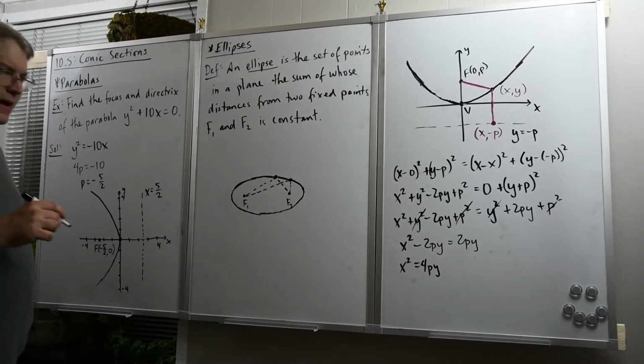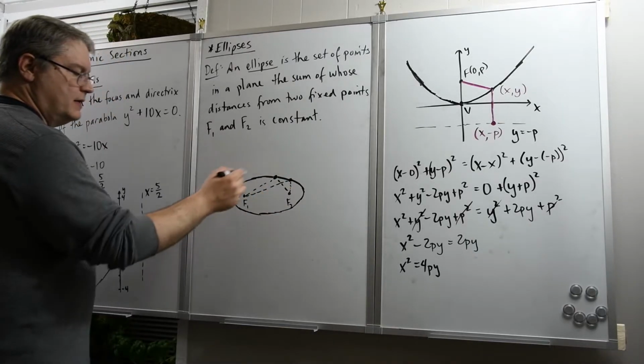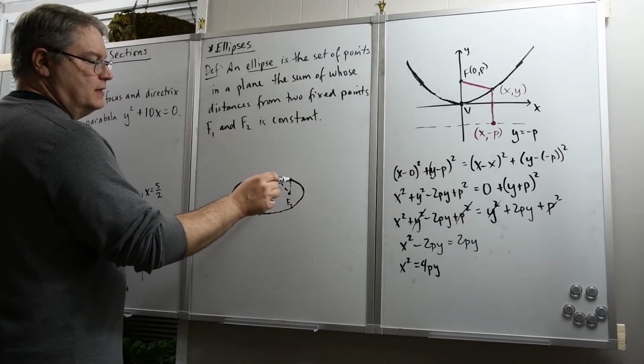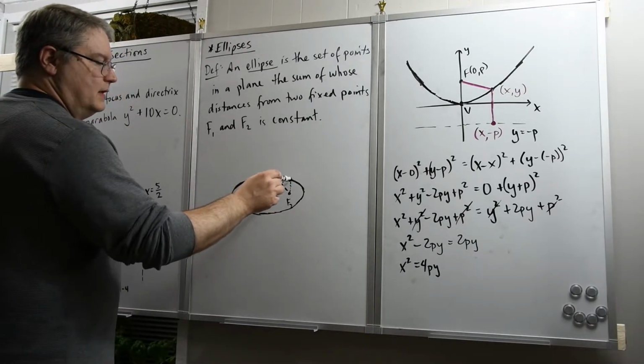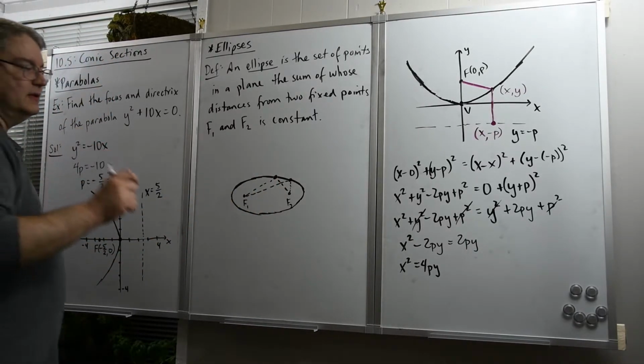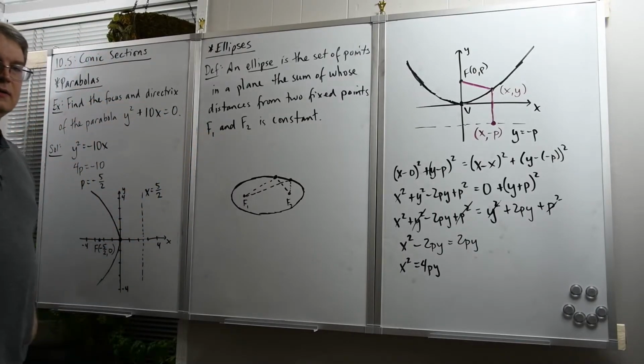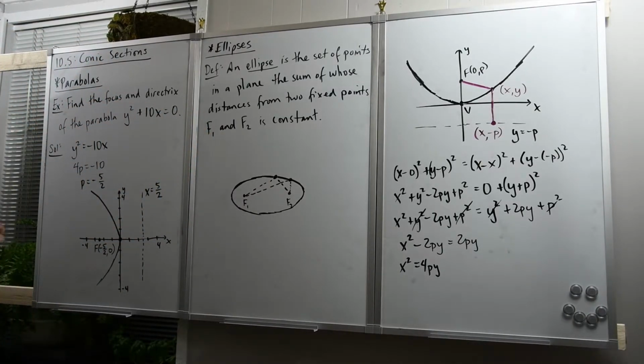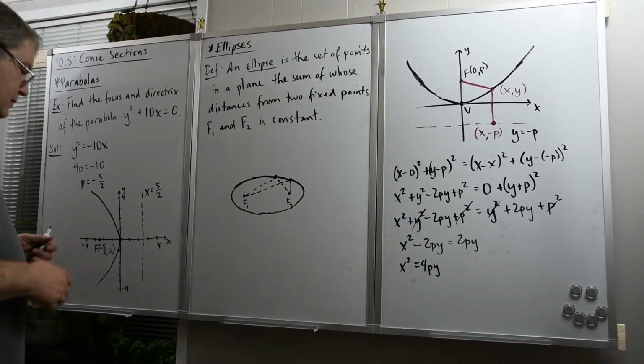So once again, no matter which point you choose on this ellipse, if you take the distance from that point to F1, take the distance from that point to F2, add those distances together, you're going to get the same constant every single time.